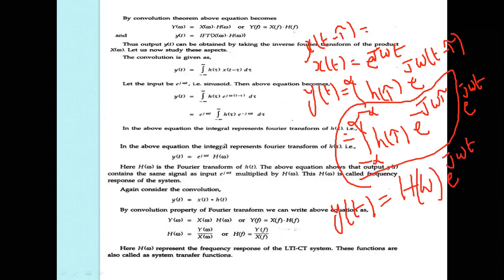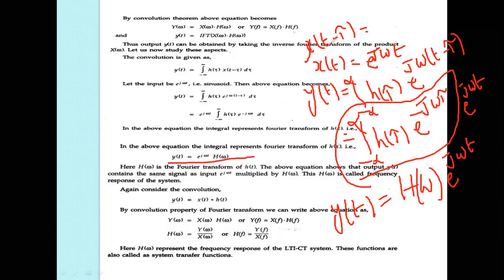In the above equation, the integral represents the Fourier transformation of h of tau, that is, y of t is equal to e power j omega t times H of omega. Here H of omega is the Fourier transform of h of t. The above equation shows that the output y of t contains the same signal as the input e power j omega t. The output also has e power j omega t multiplied by H of omega.